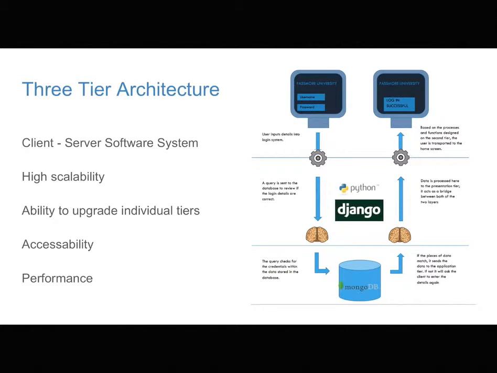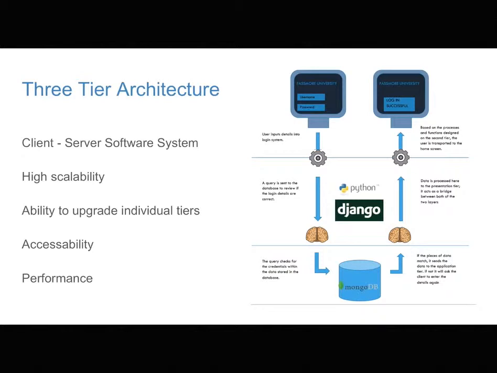Okay, so in order to make a judgment on whether Python is appropriate, we first have to understand what the three-tier architecture is. By definition, it's a client-server software system that separates functions into three different tiers: the data tier, the application tier, and the presentation tier. These tiers can be located in different locations on multiple computers, and the three-tier architecture also has several benefits over other architectures.